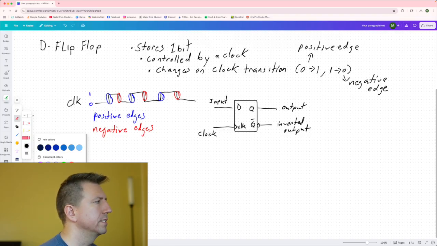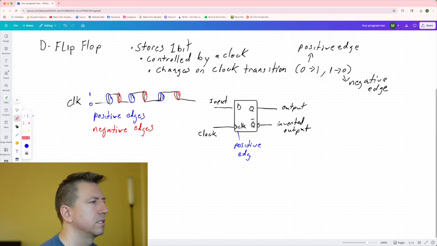So this is positive edge triggered because, first off, this triangle means edge, and then because there's no bubble means positive.